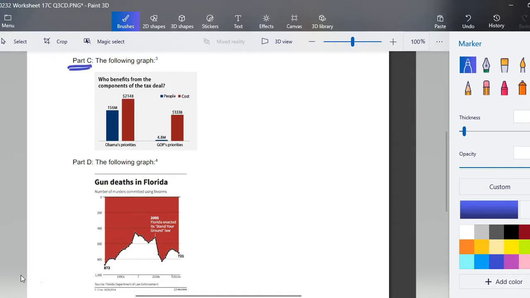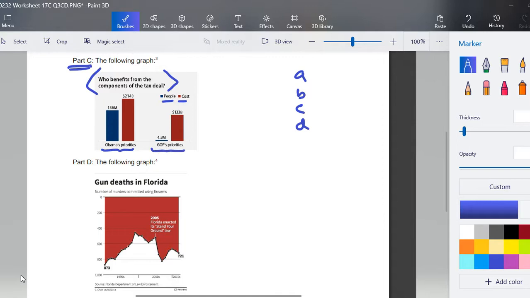Looking at part C, what's going on with this? And our choices of A, B, C, or D. Before I look at those, let me see what's going on. Who benefits from the components of the tax deal? You have people as compared to cost, with Obama's priorities, and people as compared to cost with the GOP's priorities.